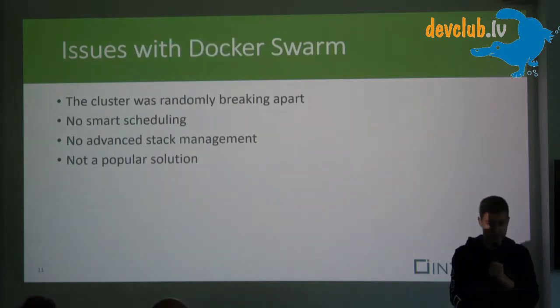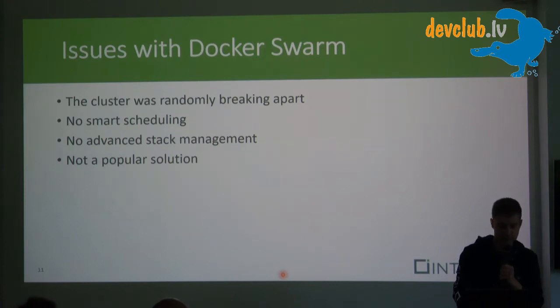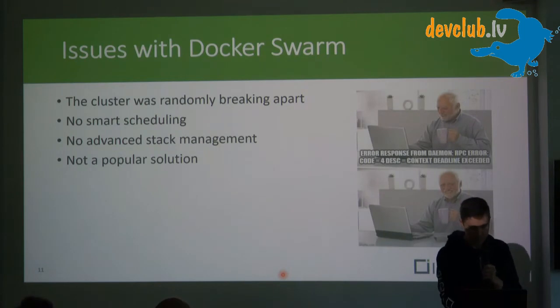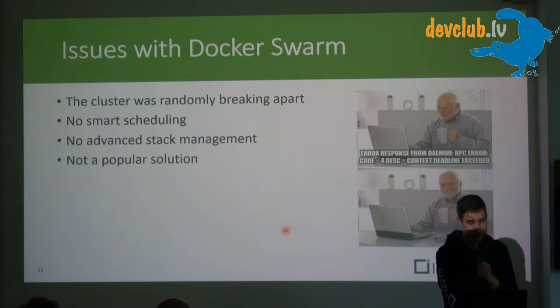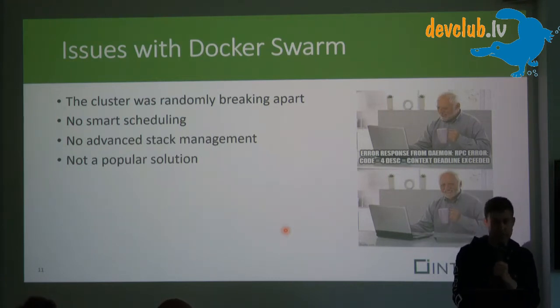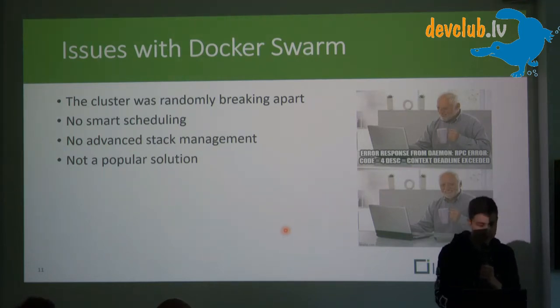But after some time, we saw that there were issues with Docker Swarm. The cluster, randomly, for no apparent reason, was just breaking apart, and we had to recreate it once in a while. There was no atomic scheduling feature. It means that we couldn't start either all of the containers from the stack or none of them.